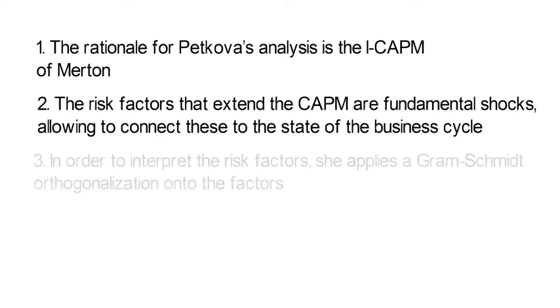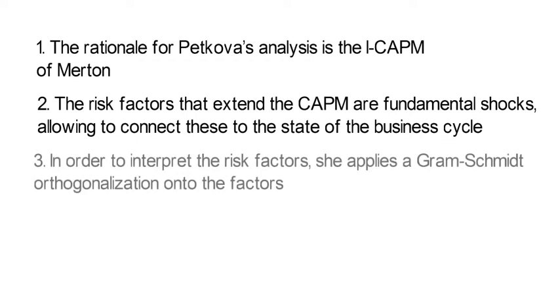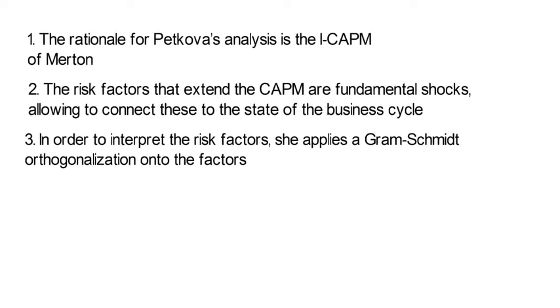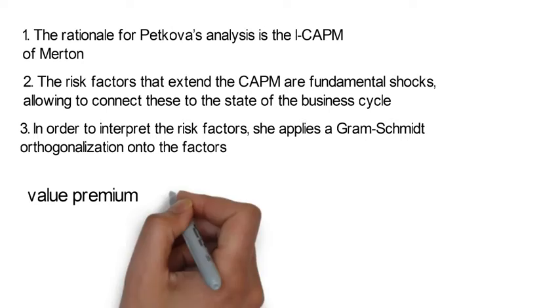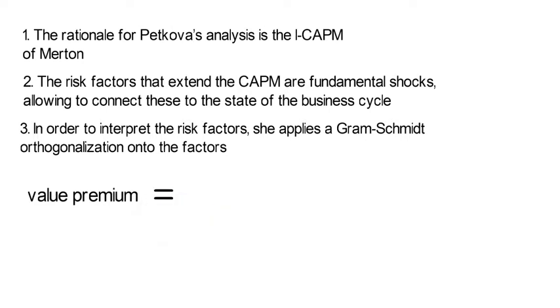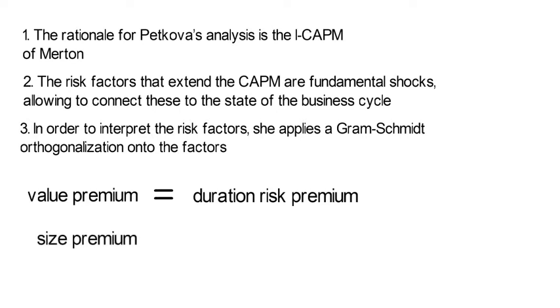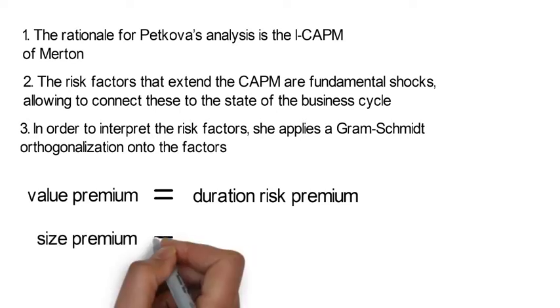Third, in order to interpret the risk factors, Petkova applies a Gram-Schmidt orthogonalization onto the risk premium factors. See a previous video on that. Now, Petkova also found that the value premium seems to be a duration risk premium, whereas the size premium seems to be compensation for distress risk.